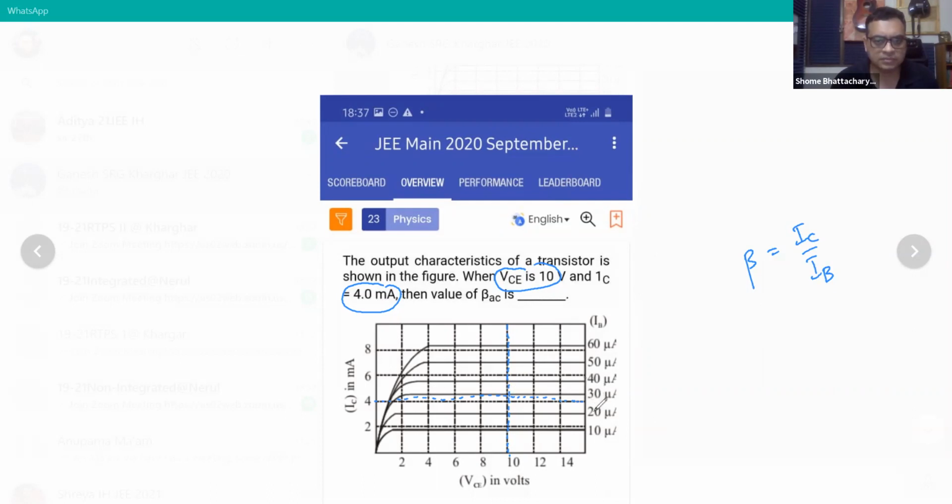So you can see the base current will be something between 20 and 30, no? Because the 20 graph is over here like this, and the 30 graph is like this.